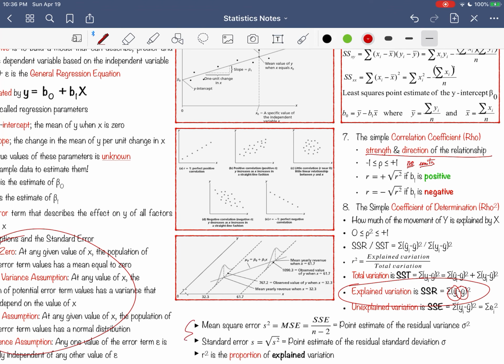Finally, a few side notes. The mean square error is the variance of the error terms. If you take the square root, it becomes the standard error. It is the standard deviation of the error terms. You can derive it using this formula, SSE divided by n minus 2. SSE is the unexplained variation in the regression equation.